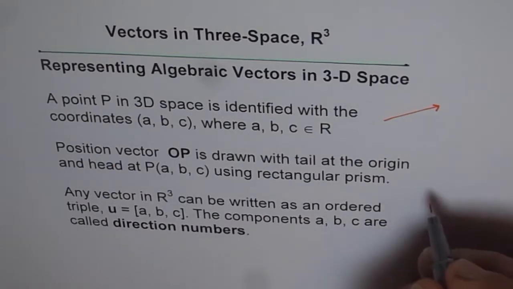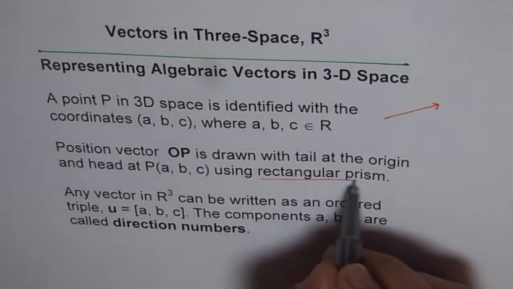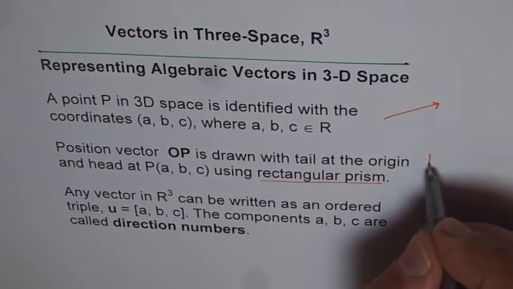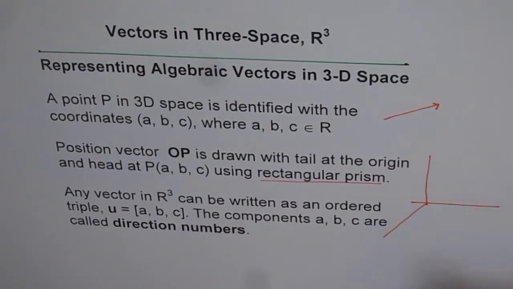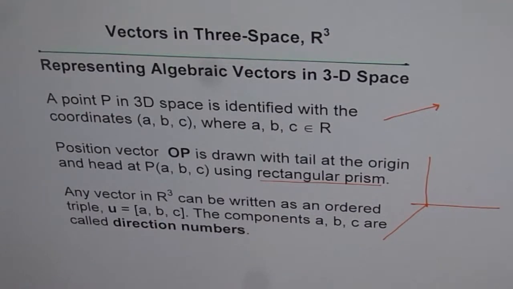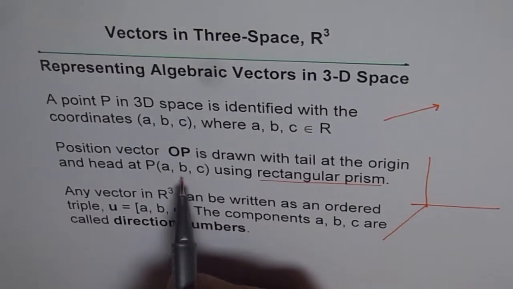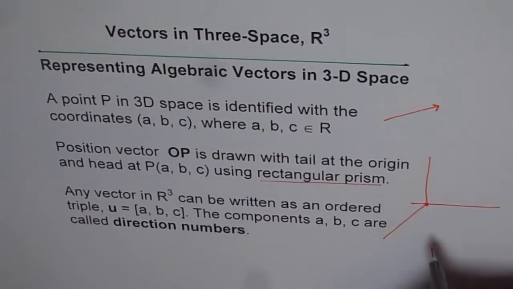Now I'll make a small sketch here to show this part. Rectangular prism is used to represent a position vector. So let's make a coordinate system with x, y, and z. Now let us say we have a point P which is ABC. Now to represent OP, we'll start from the origin.